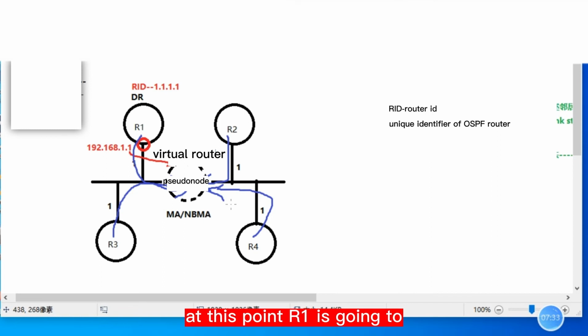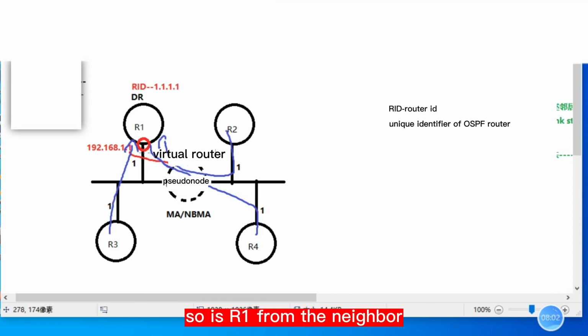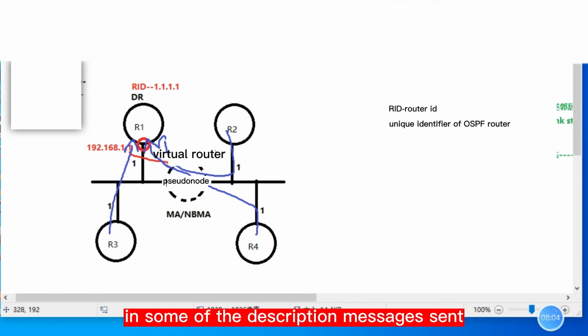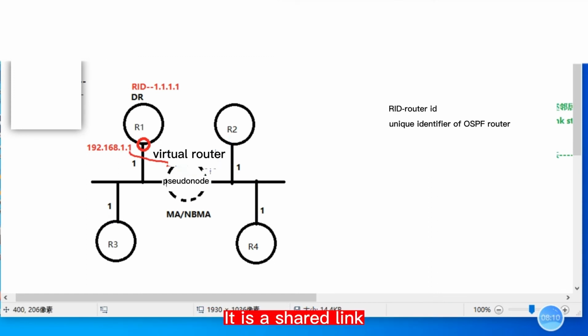At this point, R1 will think they're on the same network, which involves what we did last time. From the description messages sent by the neighbors, R1 knows that we're on the same network, that it is a shared link. So in calculating this information, I can calculate it directly.